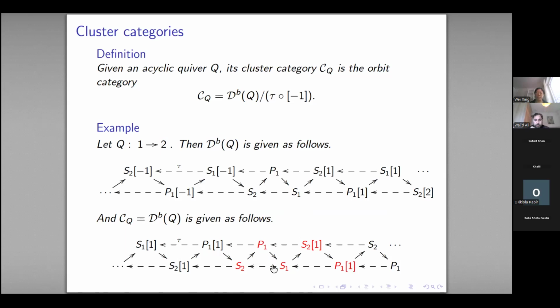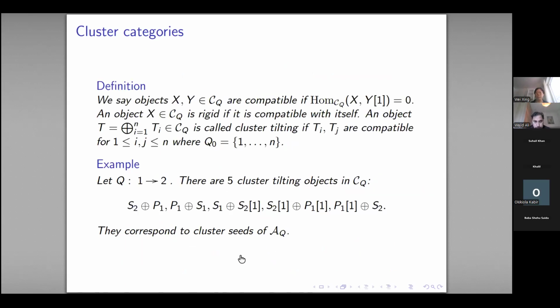And another one is given by the direct sum of P1 and S1. And similarly, we have the direct sum of S1 with X2 shifted by 1, and this one as well, and this one as well. So these are the 5 cluster tilting objects in the cluster category.